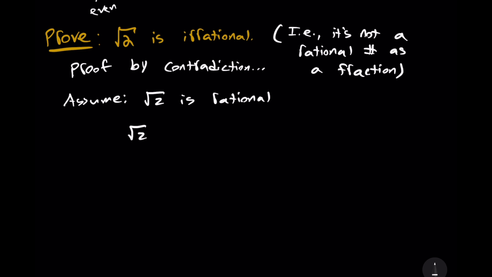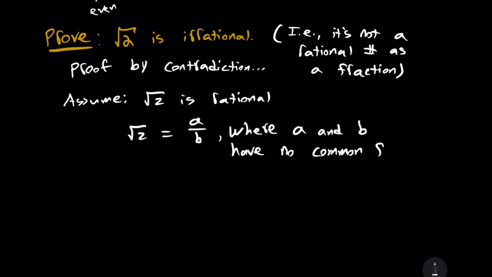So the square root of 2 is equal to a over b, where a and b have no common factors. And let's just do some mathematics here. Let's utilize our algebraic skills and just square both sides.